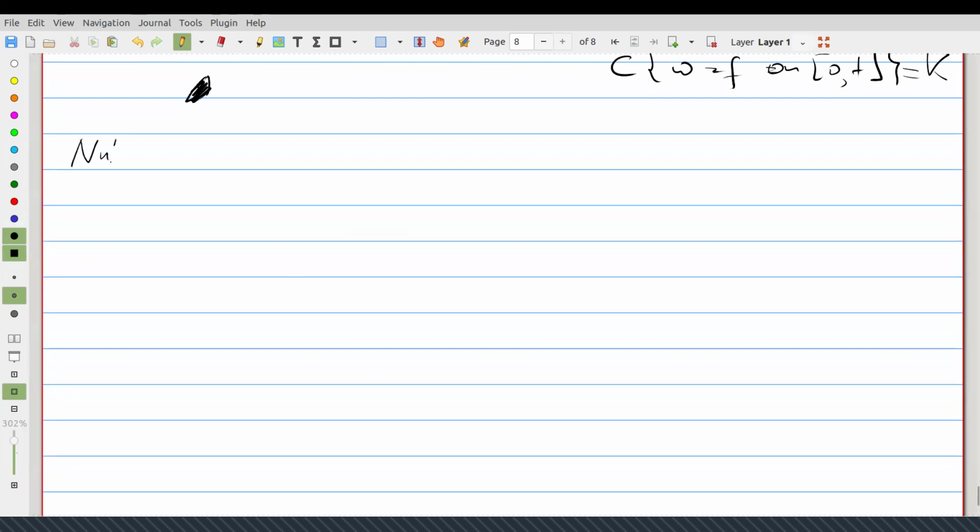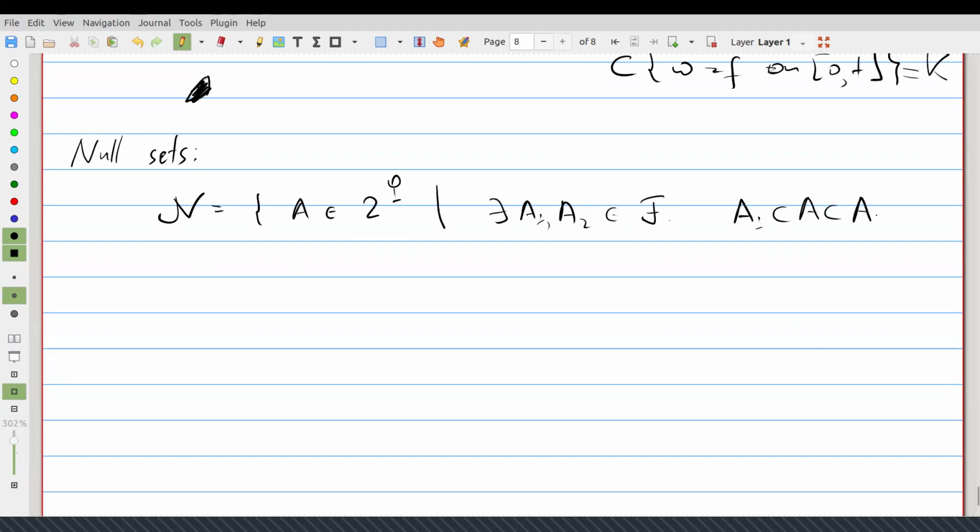So we start with the first idea. And we will see in the end they all agree in the sense that they all produce the same end results. So null sets and Gothic is those subsets of the original probability space for which there exist two measurable sets that encapsulate our set A, with P of A1 equal to P of A2.